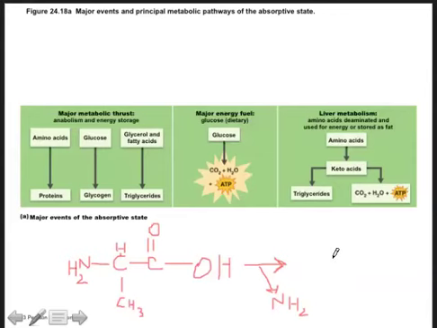So the amino group becomes now a keto group. This is a keto group. A keto group is defined as a C double bonded to an oxygen and on either side connected to a carbon. So this is an example of an alpha keto acid.